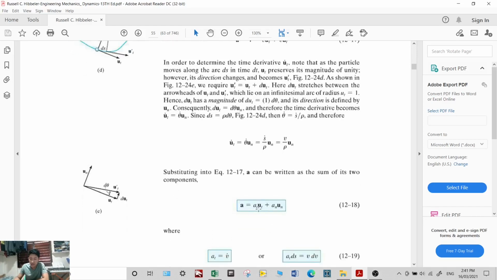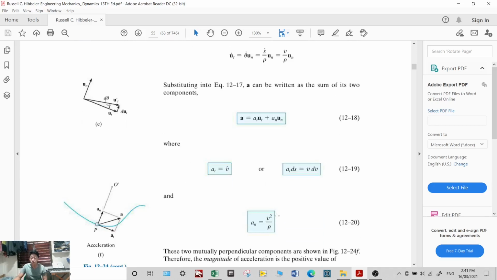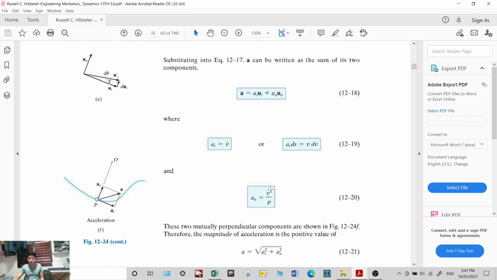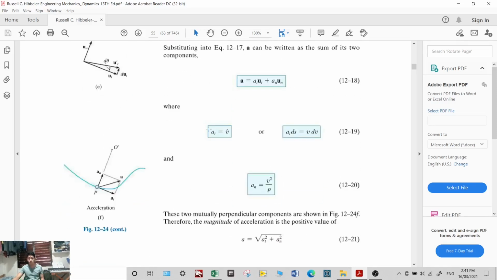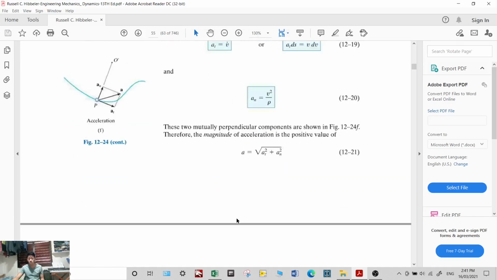So you see, you have the tangential component of acceleration and the normal component of acceleration, which is v squared over rho. This is the tangential component, this is the normal component. Add the two and you will get the acceleration, and also its magnitude using this equation.